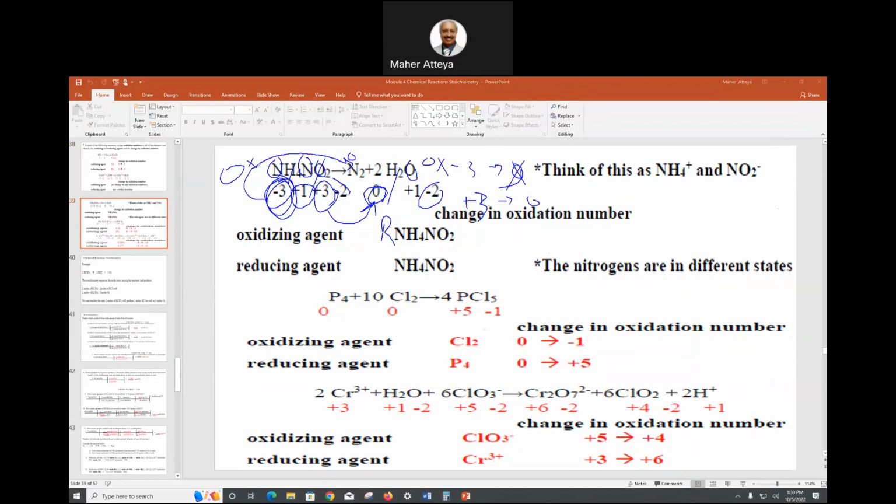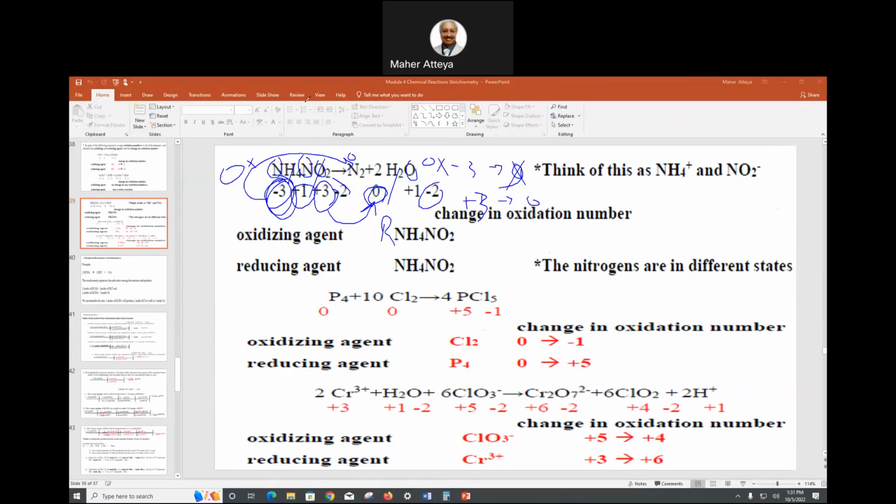So here you have both nitrogens, but one of them will be the oxidizing agent and one will be the reducing agent within the same compound. That's called a disproportionation chemical reaction. We will not get into this here. When you go to higher chemistry 12, you will take this. This type of reaction is not single displacement, not double displacement, not combustion, not decomposition, not synthesis or combination.